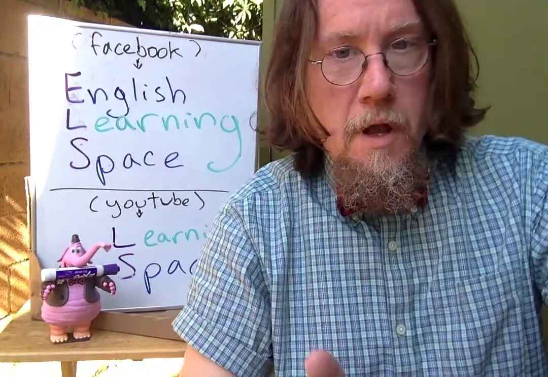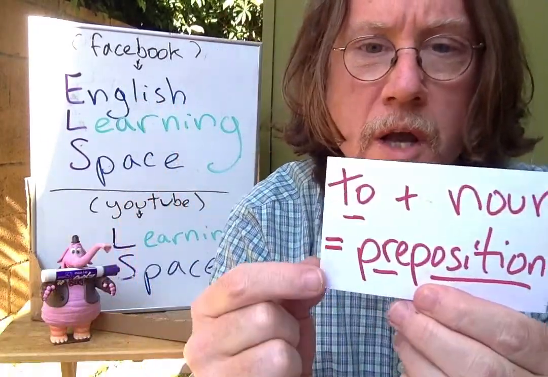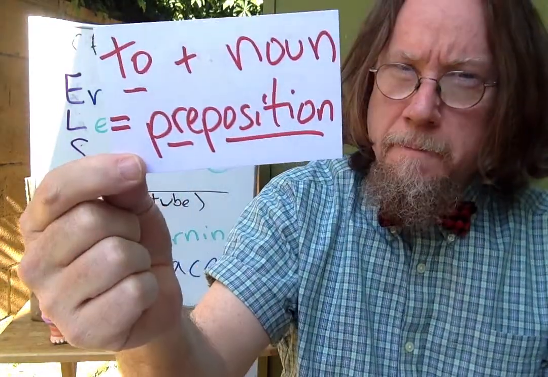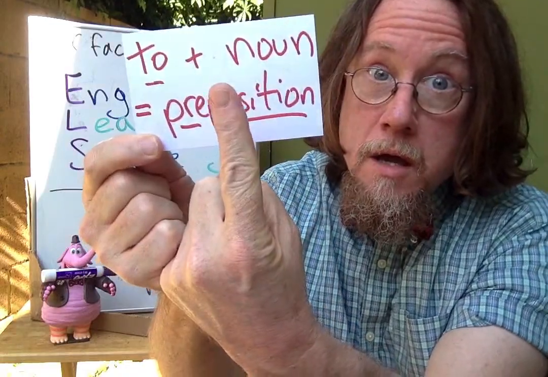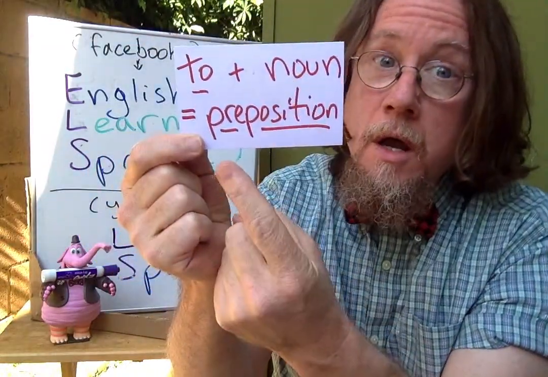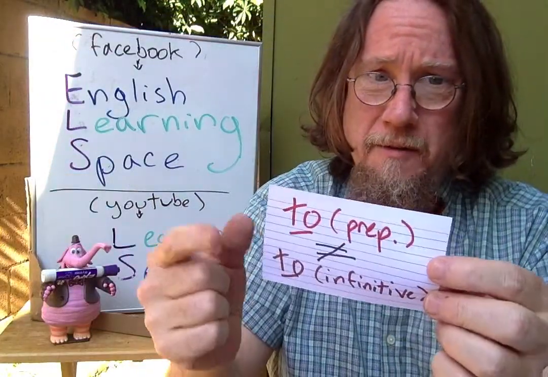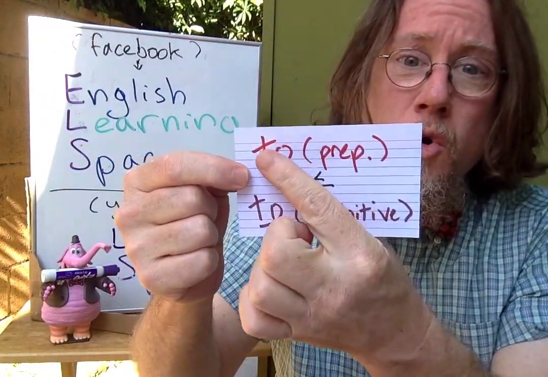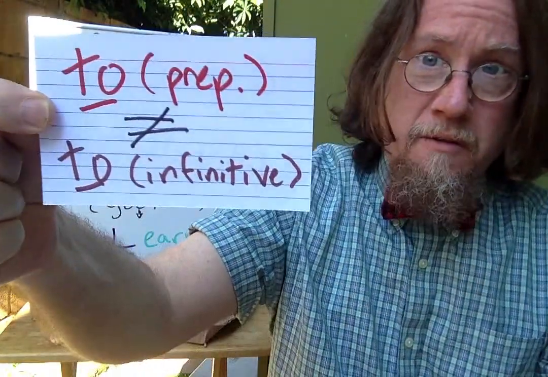But notice the difference. Sometimes to is a preposition, right? If it's to plus noun, not verb, this is a preposition. Different than infinitive. To as a preposition is very different than to as infinitive.